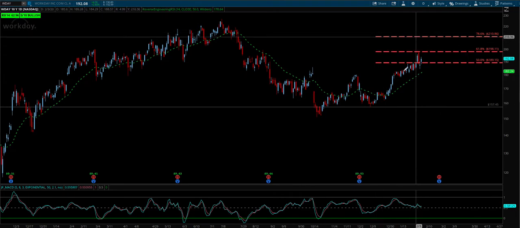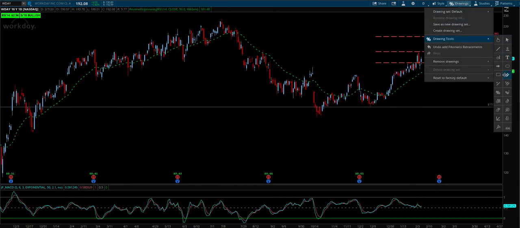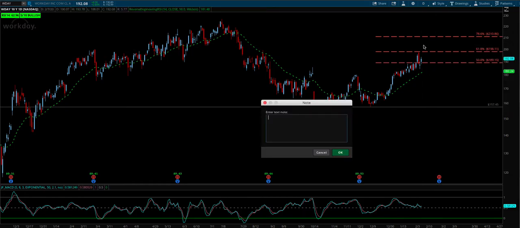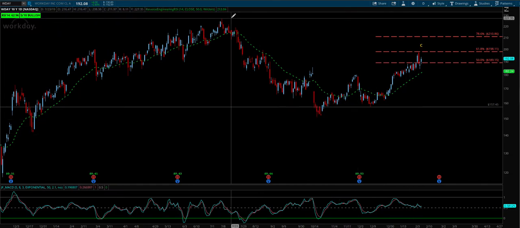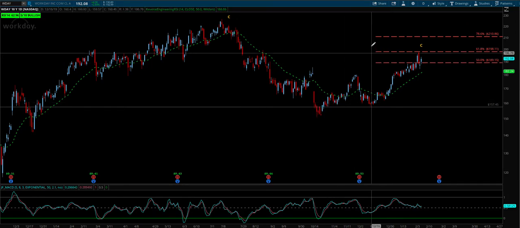You can see now that this zone here is all a potential zone C, 61.8 being like a perfect place for C to turn lower, but it could be anywhere between 50 and 78.